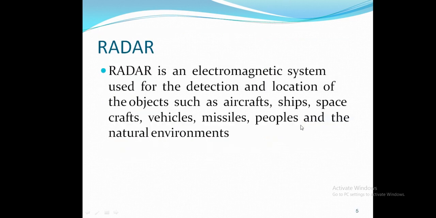One more definition is: radar is an electromagnetic system used for the detection and the location of objects such as aircraft, ships, spacecraft, vehicles, missiles, people and the natural environment.